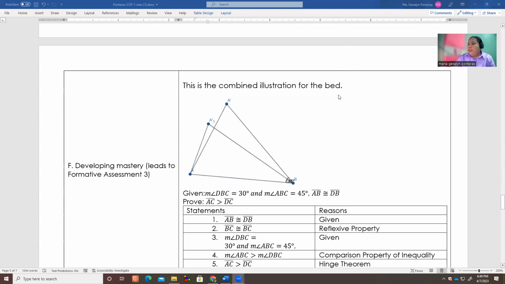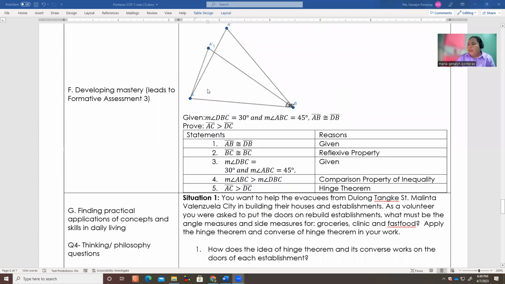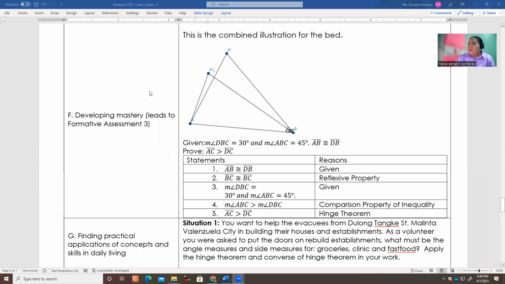If we combine the illustration for that bed, we can form the hinge theorem, because the involved angles are the included angles, the 30 degrees and the 45 degrees. This triangle is the same bed of the patient, taken from one bed.